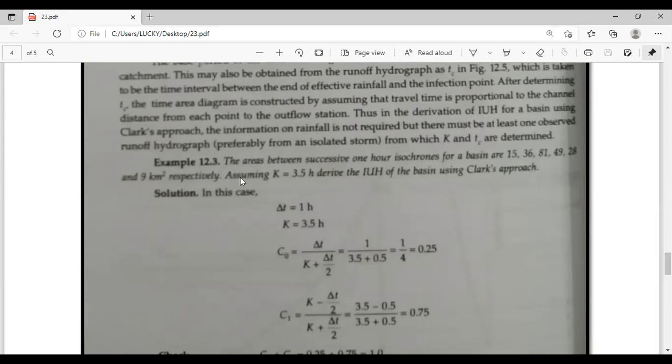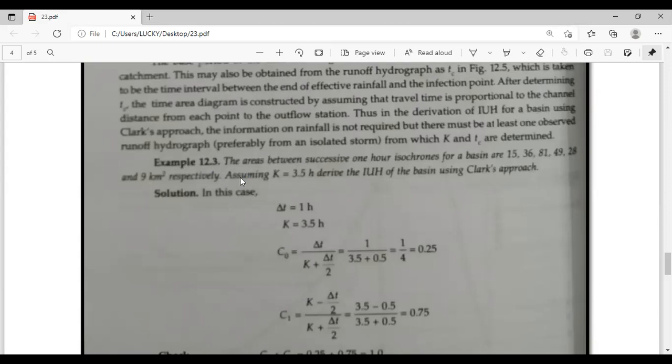The delta T is equal to 1 hour, K is equal to 3.5 hours. Here C naught is equal to delta T by K plus delta T by 2, that is equal to 1 by 3.5 plus 0.5, that is equal to 1 by 4, that is equal to 0.25.